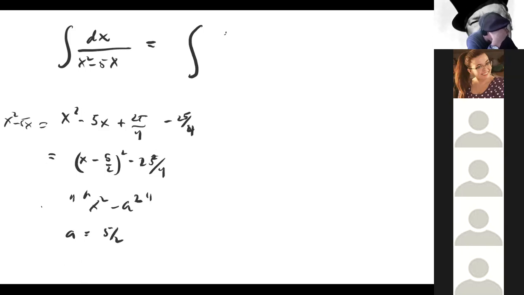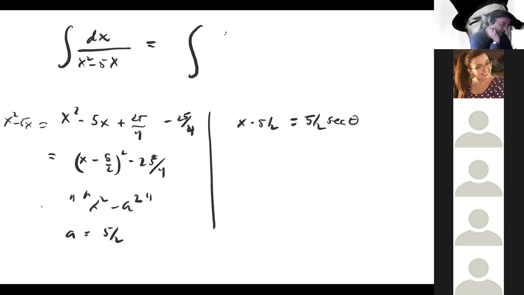So I'm going to let x minus 5 halves, that's the stuff inside the square, be equal to 5 halves secant theta. And this is a secant substitution according to what I wrote at the beginning of today. I'm not sure this is going to work out, but I want to try it anyway.